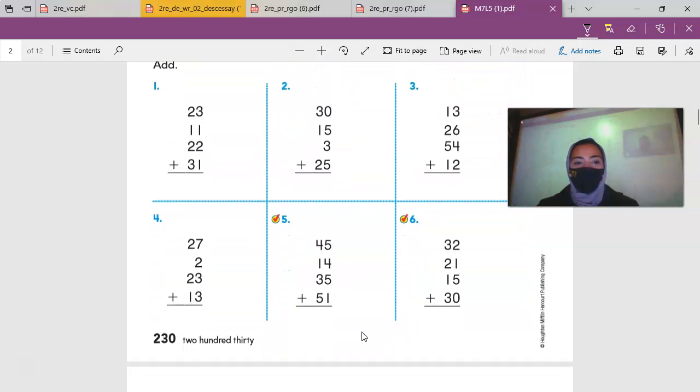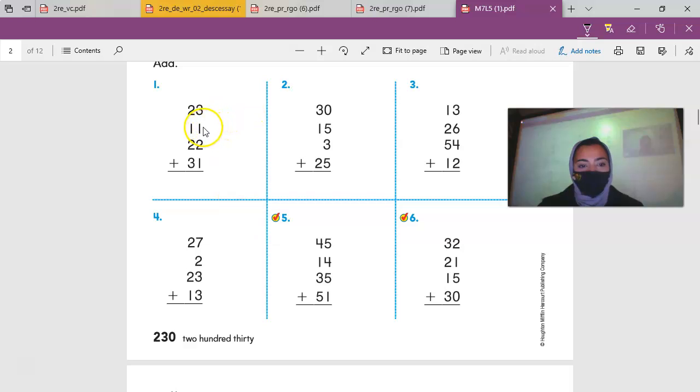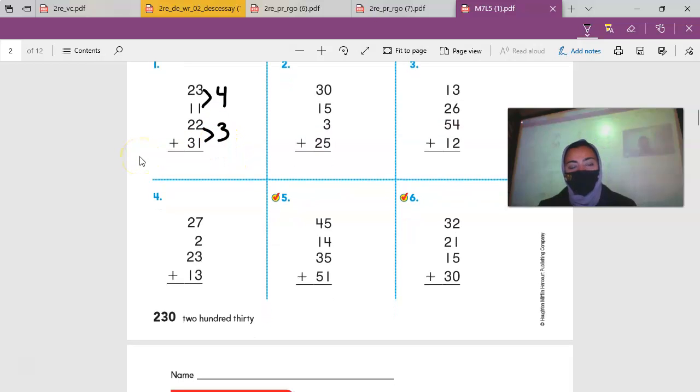Let's look at number 1. 3 plus 1 is 4. And 2 plus 1 is 3. Please write this down. Don't just sit there and look at me. Now what's 4 plus 3? 7.